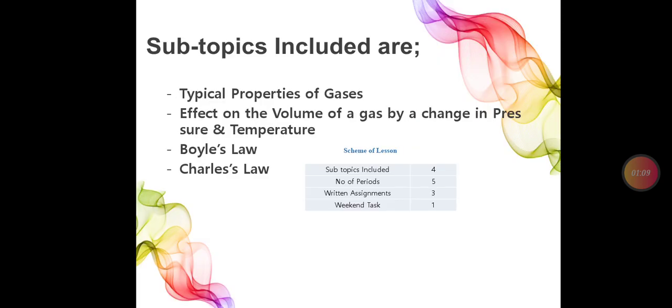The subtopics included in this week are typical properties of gases, effect on the volume of a gas by changes in pressure and temperature, Boyle's law, Charles' law. The scheme of lesson is given in front of you that tells you that the total subtopics included are 4.